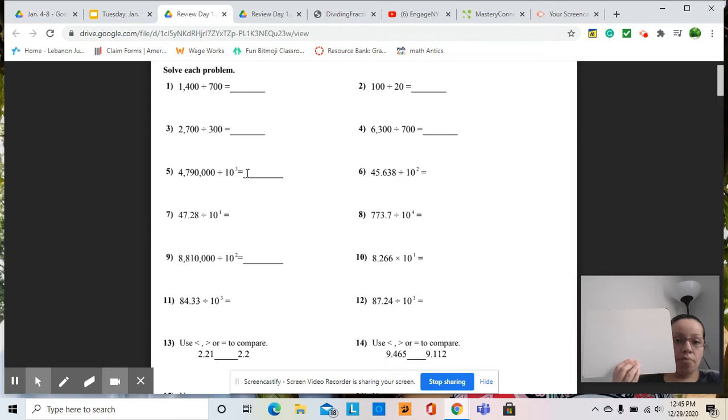So if you look at problem 10, you will notice that it says 8 and 266 thousandths, so the 266 are decimals, times 10 to the first power.